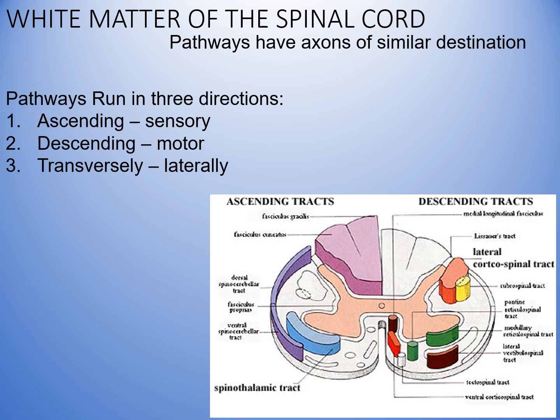But axons that are near each other have similar destinations. We can label tracts that are even more specific. So they're bringing information not only to the thalamus, but a specific part of it. We're not going to get so specific in this class. We're going to look at 3 pathways that go up and 3 pathways that go down.